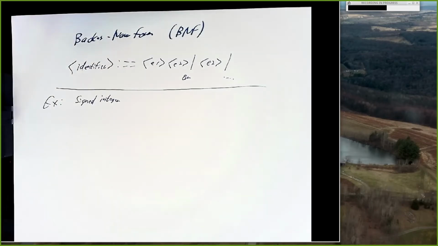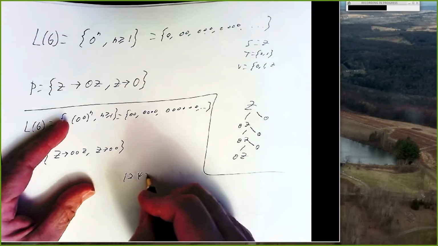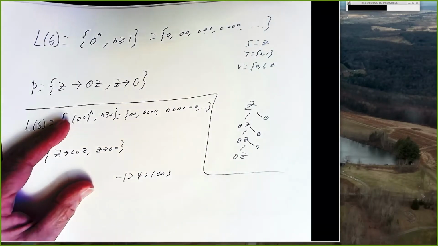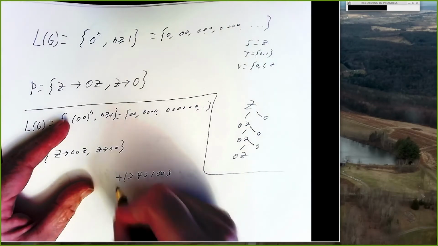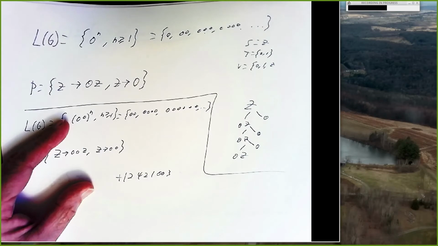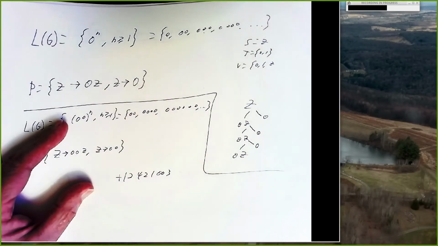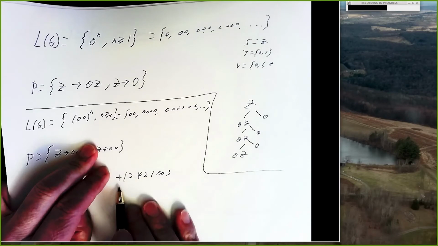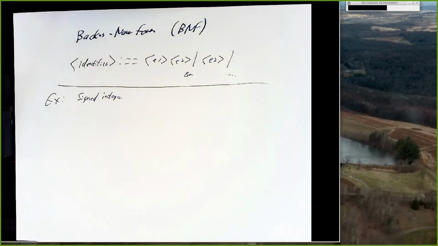Now, we can think of this intuitively, right? It's a bunch of digits, possibly preceded by a plus sign or minus sign in the beginning. And maybe we don't allow leading zeros, maybe we do. We're not going to worry about it. So it's basically either just a string of digits or a string of digits preceded by a minus sign or a plus sign.